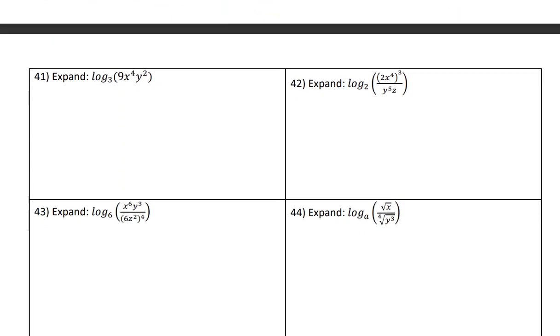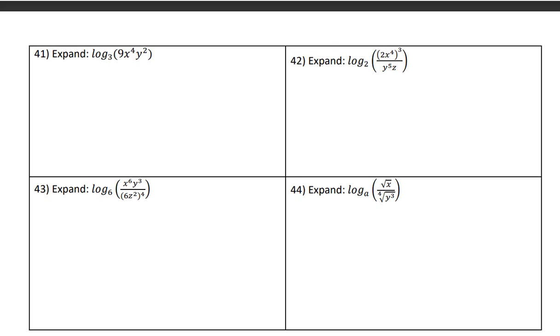Alright, getting down to the end here. Expanding. I will do number 43. Expanding means as a list of addition and subtraction of logs, basically using those properties of logs. So I'm just going to work on this denominator a little bit. I'll have 6 to the 4th in the denominator, a z to the 8th.